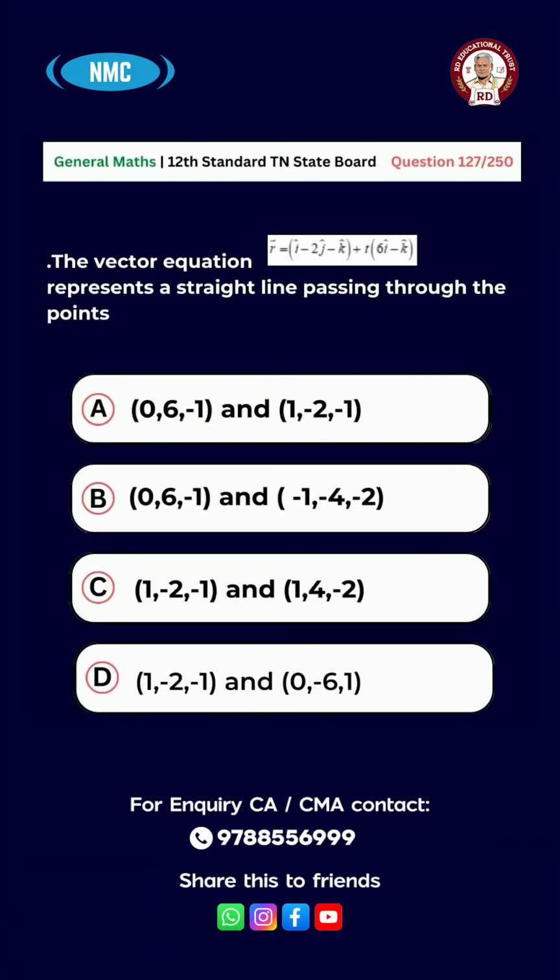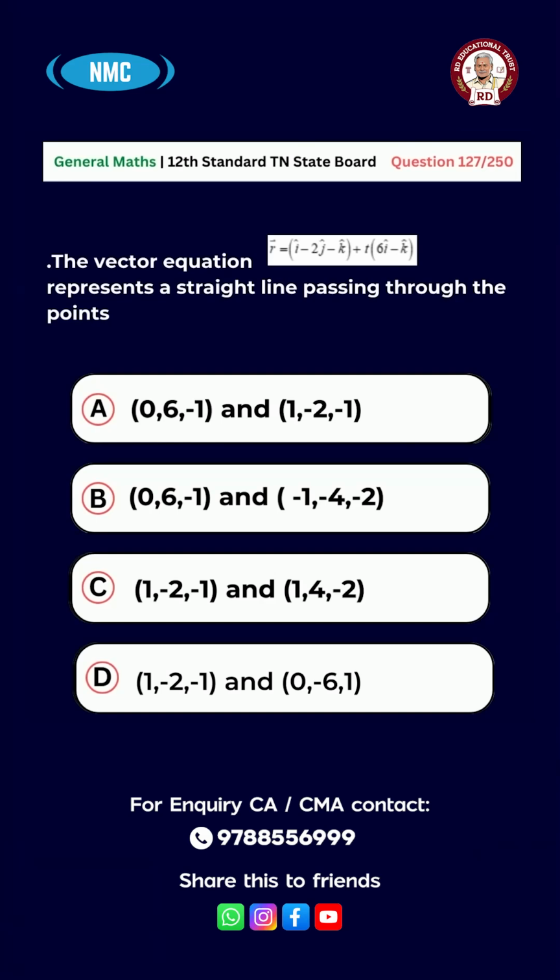Question number 127. The vector equation r vector equal to i cap minus 2j cap minus k cap plus t into 6j cap minus k cap represents a straight line passing through the points. Option A 0, 6, minus 1 and 1, minus 2, minus 1.